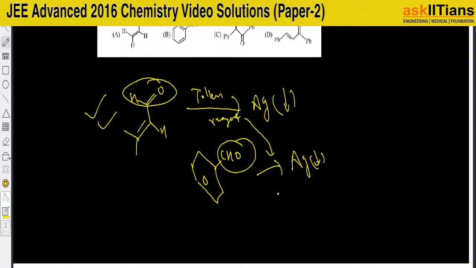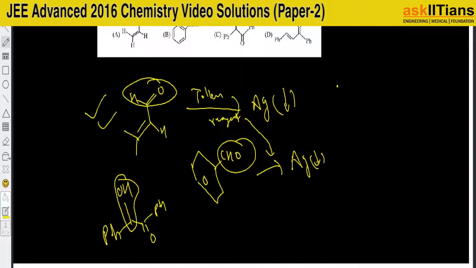silver mirror if I pass Tollens reagent to it. If I look at the C option, it is something like this. So this is a CHOH group, right? This can also get oxidized, and hence this can give me the positive Tollens test.